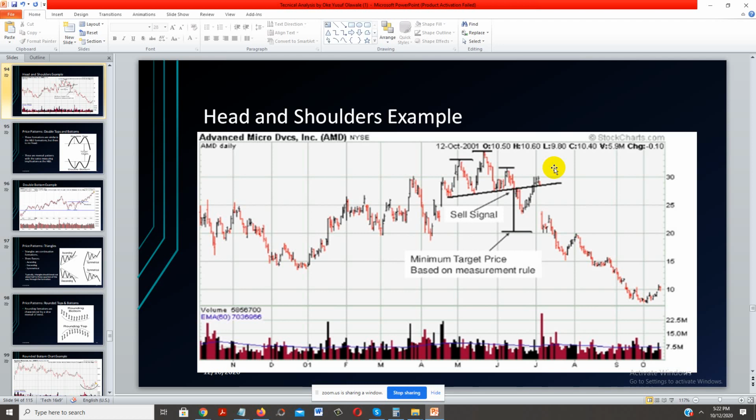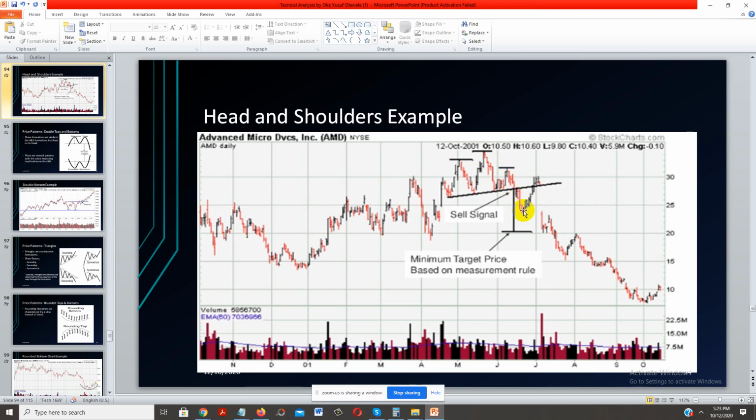If you use this trend line, this neckline here, you know that this neckline is actually a resistance. If you use it as your stop loss, remember that you entered immediately it printed this head and shoulder pattern, and you confirmed that the trend has changed, so you entered.